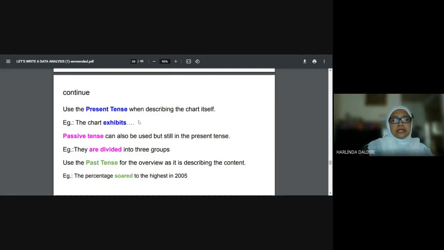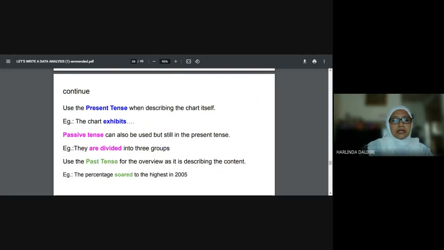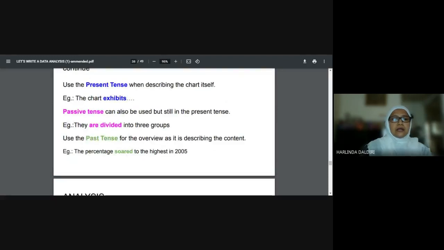The chart exhibits, like mentioned by Madam Azura just now, passive tense can also be used but still in the present tense. They are divided into 3 groups. Perhaps if you are level 6 students, maybe your teachers have gone through passive and active voice with you.